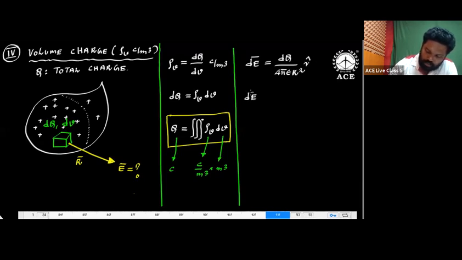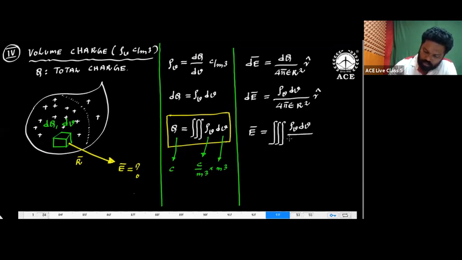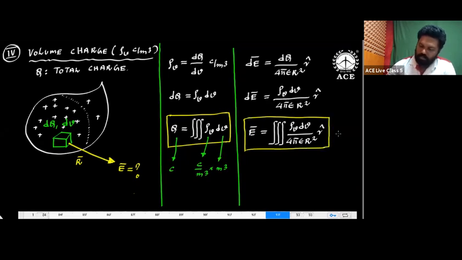So here dE is equal to rho v into dv divided by 4 pi epsilon r square into r cap. So the electric field is equal to the volume integral of rho v into dv divided by 4 pi epsilon r square into r cap. That is the electric field.